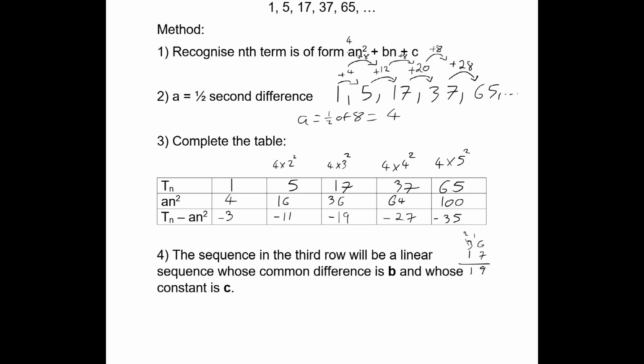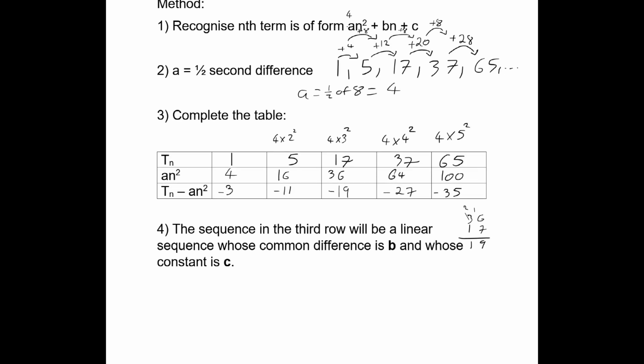So we can see that we have a linear sequence in the bottom row: minus 3, minus 11, minus 19, and so on. We can see that we're going down in 8. So the first difference, or the common difference, I should say, is minus 8. That's the only difference because it's linear. We can see that the nth term is going to be given by, so let's just work it out first.